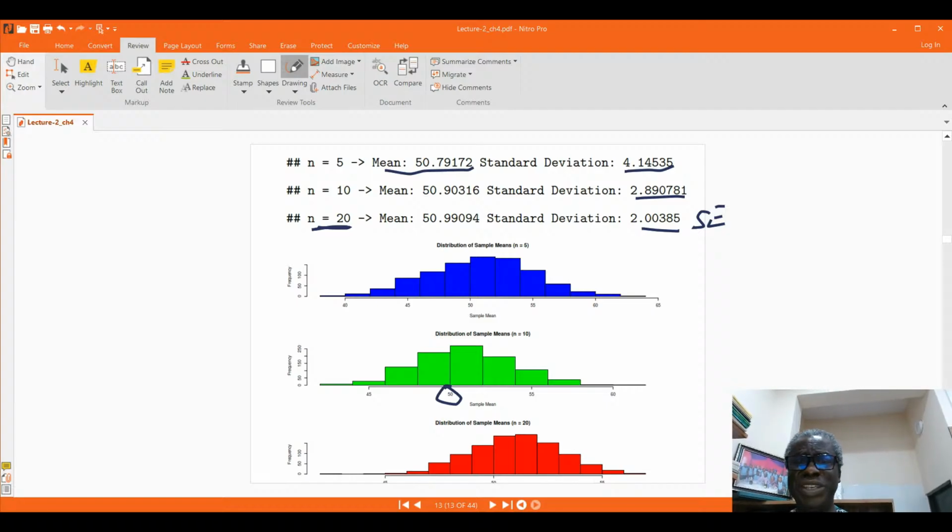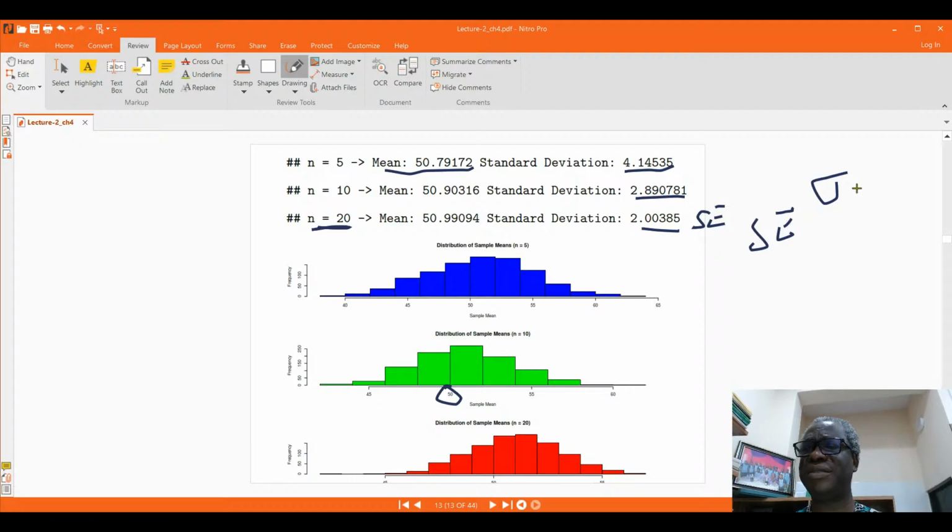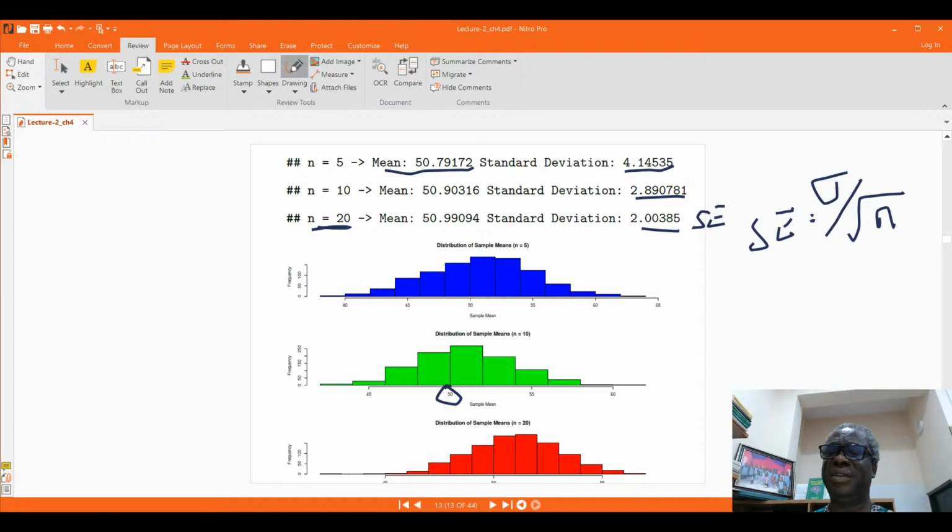So what we are trying to say here is that as the sample size increases from 5 to 10 to 20, this expression, the standard error, will be affected.